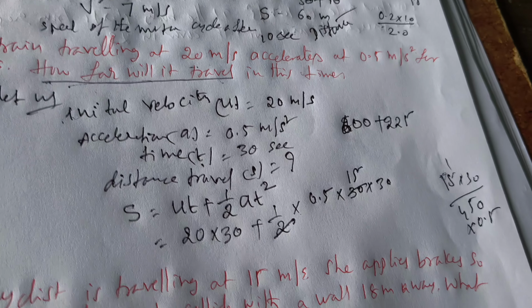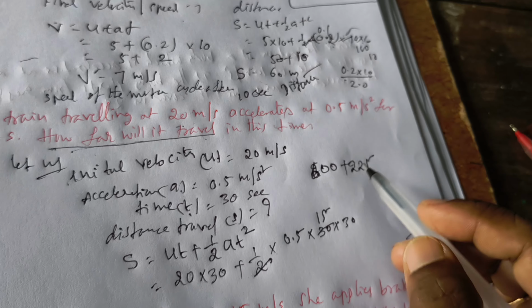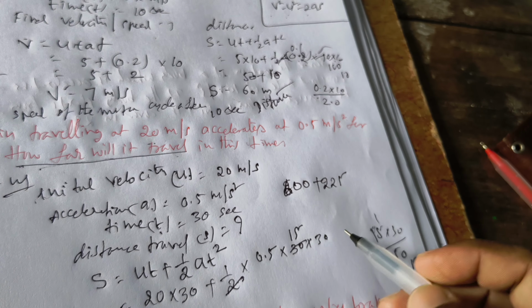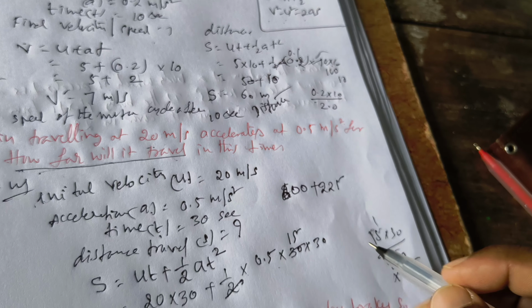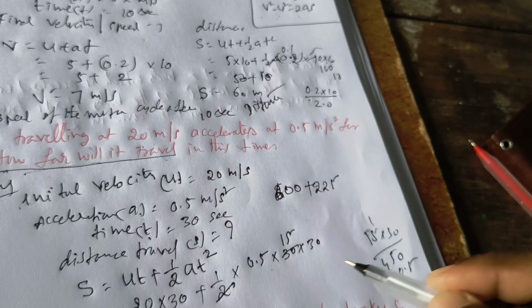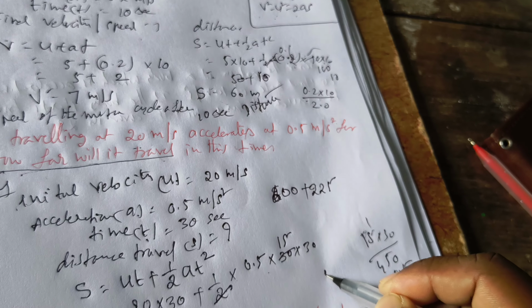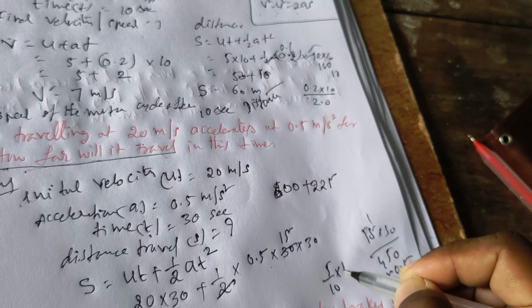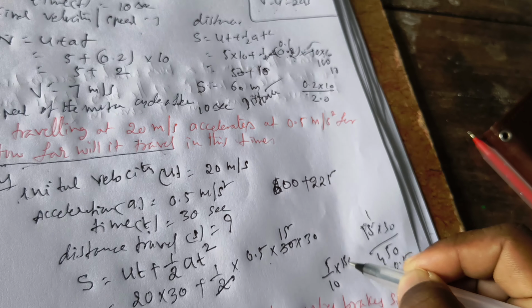So simplify it, then you get 225. 0.5 in the sense we can write 5 by 10. So we can write 5 by 10 into 15 into 30.